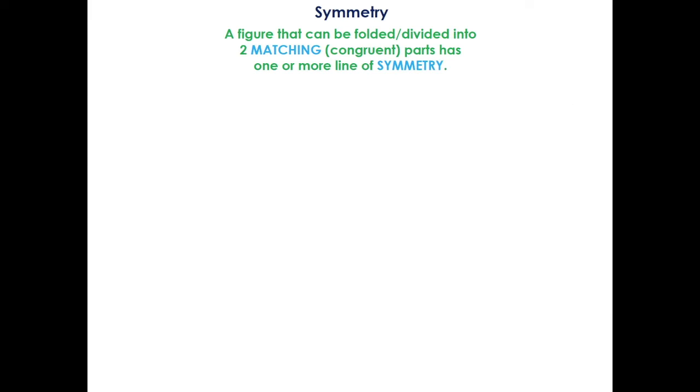Now I want to think about, well, what is symmetry? Symmetry is a figure that can be folded, divided into 2 matching congruent parts. And I can have 1 or more lines of symmetry. The different types of lines of symmetry are diagonal, where I go from side to side.